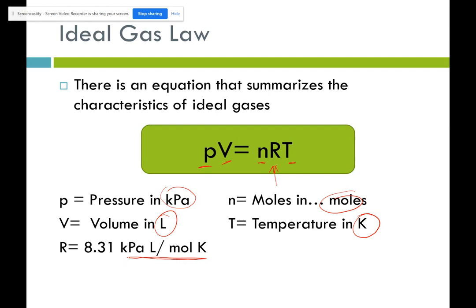You could look up the gas constant for atmosphere, milliliters, moles, degrees Celsius, or atmosphere, liters, moles, kelvins, like you could change these variables, but what is a lot easier in my experience, just know 8.31 instead of memorizing a million gas constants for slightly different units. Just memorize 8.31 kilopascal liters per mole Kelvin and make sure that your units are always kilopascals, liters, moles, and Kelvin. Okay, that's a lot easier than having to switch and look up a new R value every single time you do the calculation.